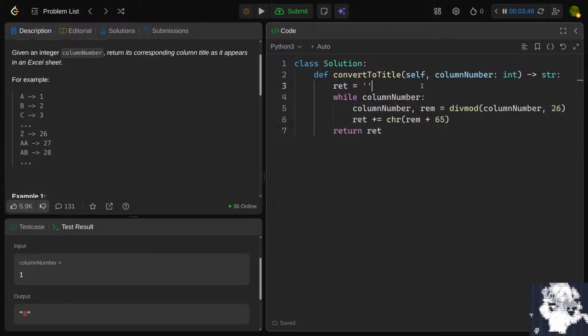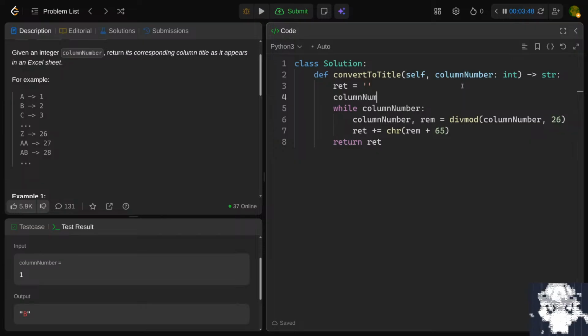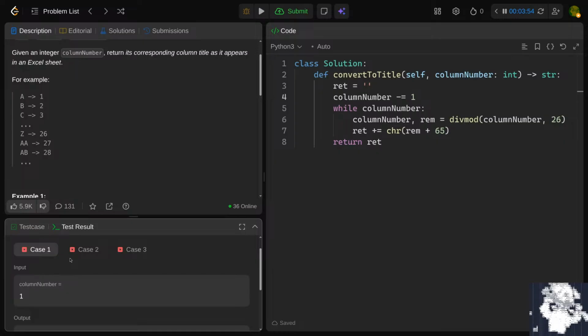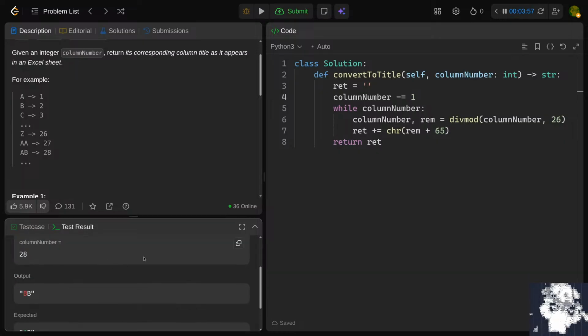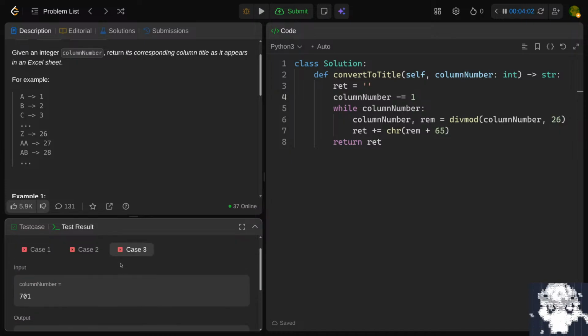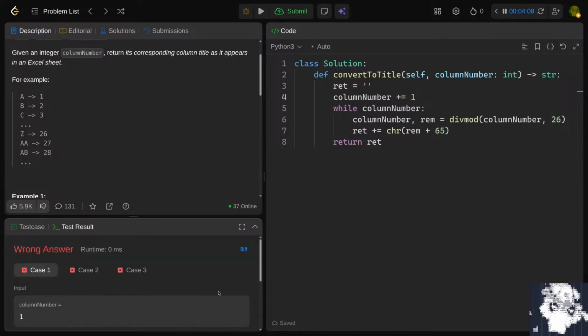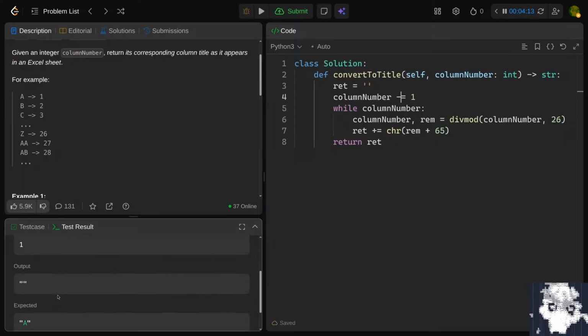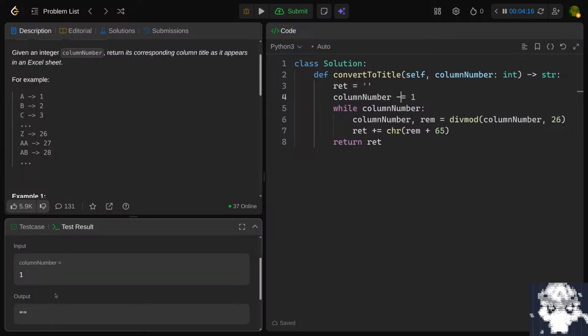I think that just means we should start column number with 1 less. No? Or with 1 more. Wait, how am I wrong in both directions? I'm outputting empty string. Oh.